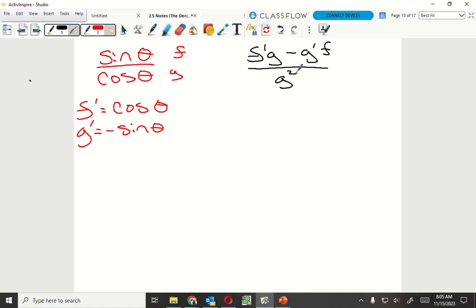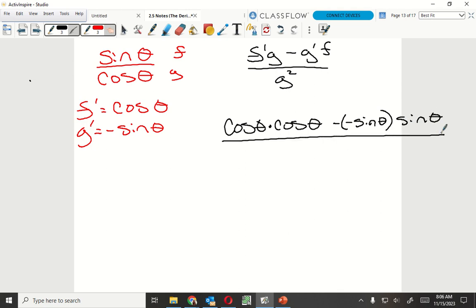All right, f prime is going to be cosine theta times g, where g is cosine theta, minus g prime, which is negative sine theta, times f, which is sine theta, all over g squared, which is cosine squared theta.